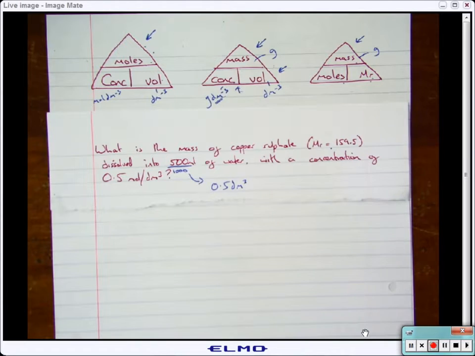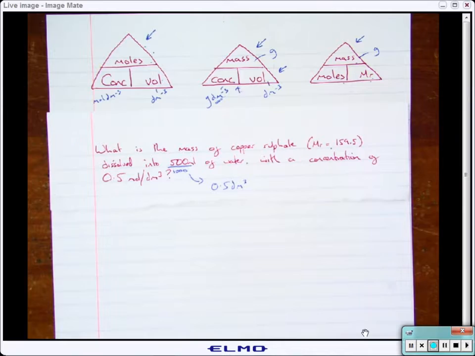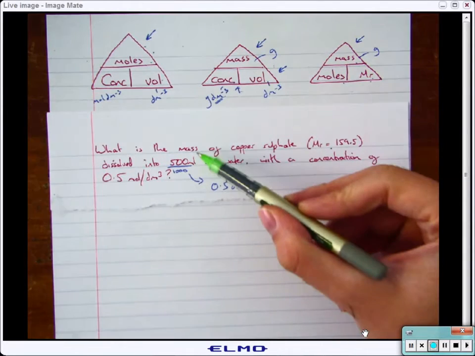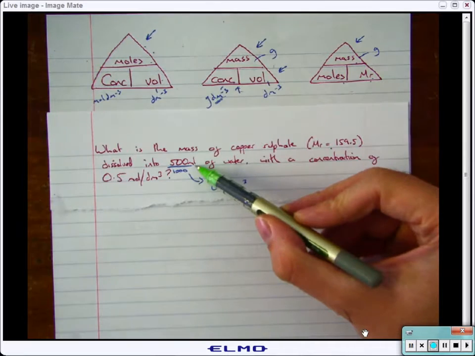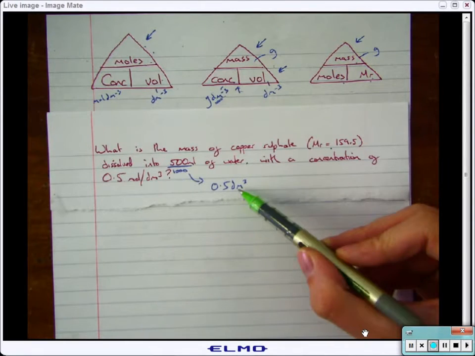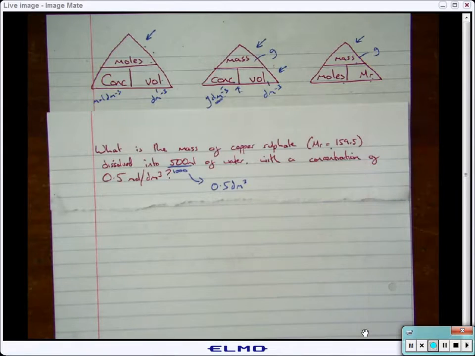The final question we're going to have a look at then very quickly is this one. It says what is the mass of copper sulfate, which has got a relative formula mass of 159.5, dissolved into 500 ml of water with a concentration of 0.5 moles per decimeter cubed. The first thing I would do, as I've done here, is straight away that volume is not in decimeter cubed, so convert it. So divide by 1000 to get it into dm cubed, which is 0.5 dm cubed.